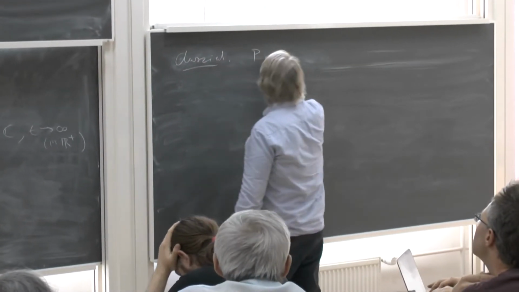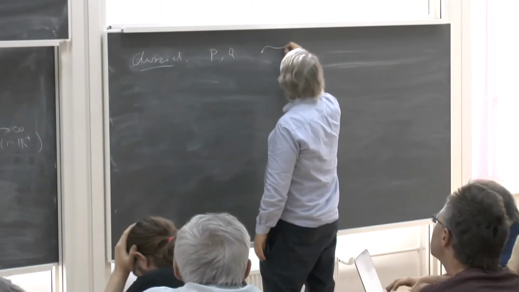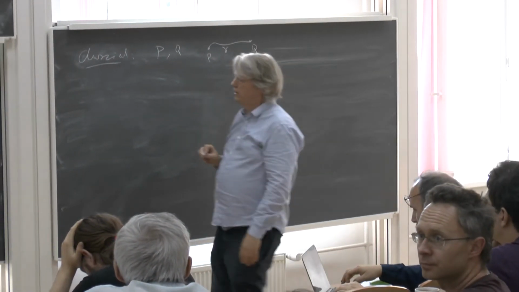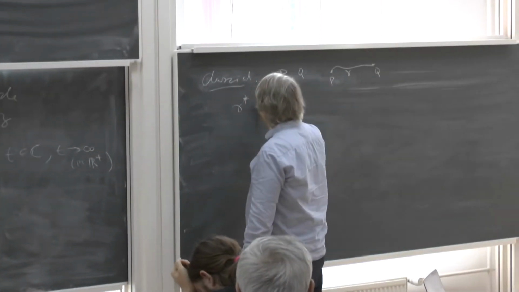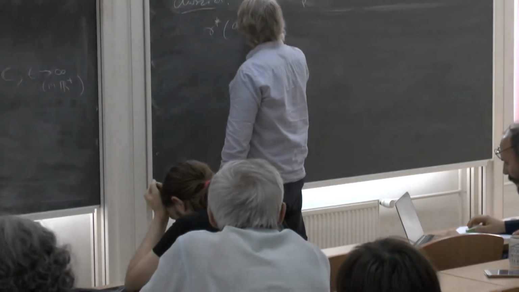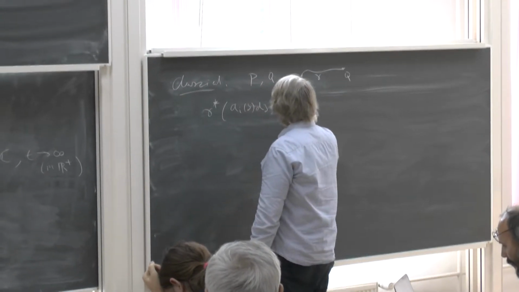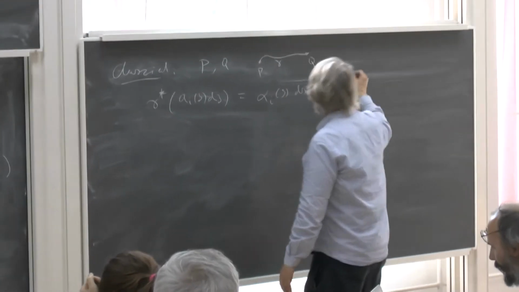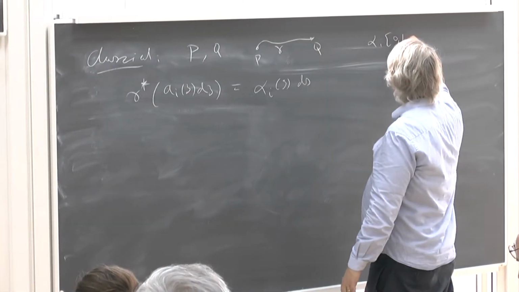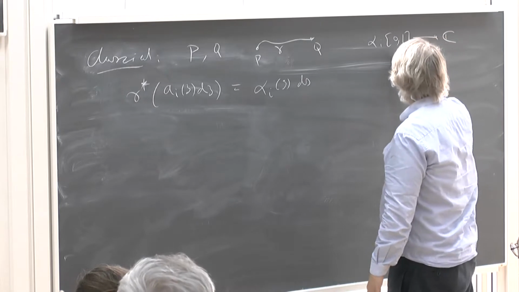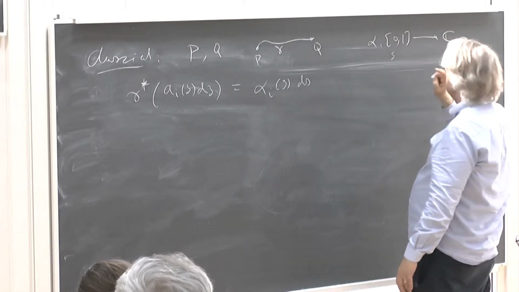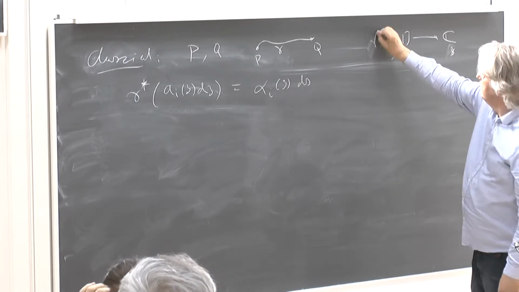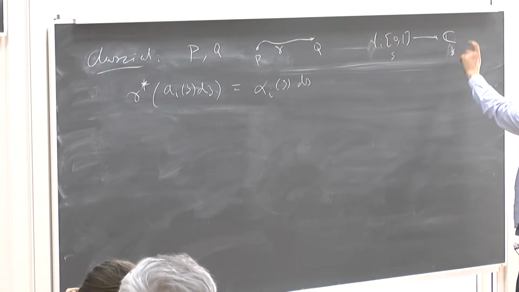So suppose we have points P and Q and a path gamma from P to Q. And suppose that gamma pullback of a_i(z) dz is equal to, say, alpha_i(s) ds. So gamma is a function from an interval into the complex plane, the z plane.